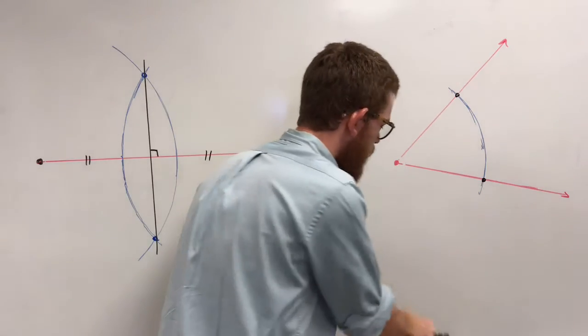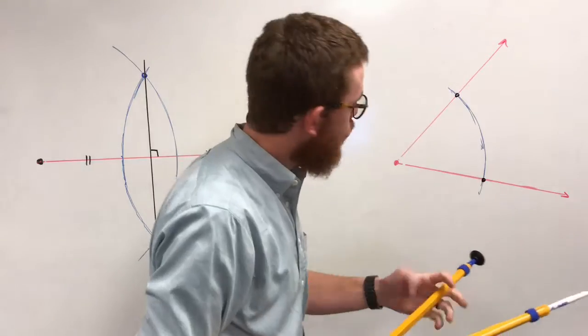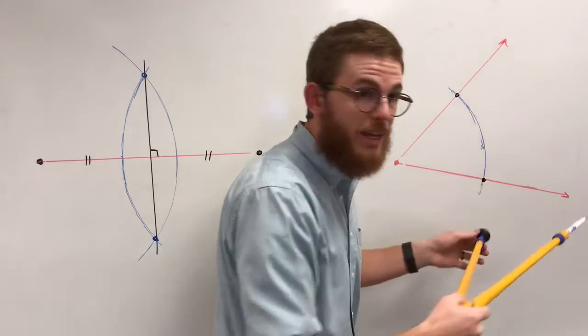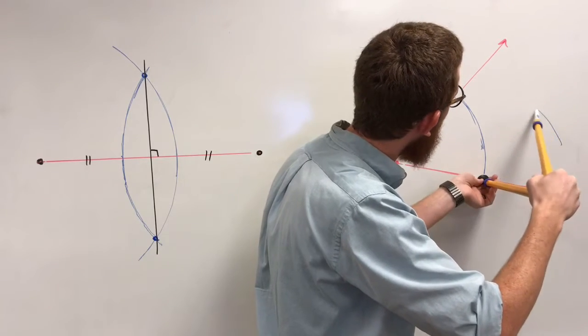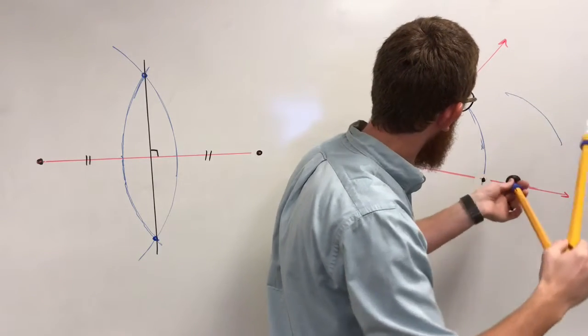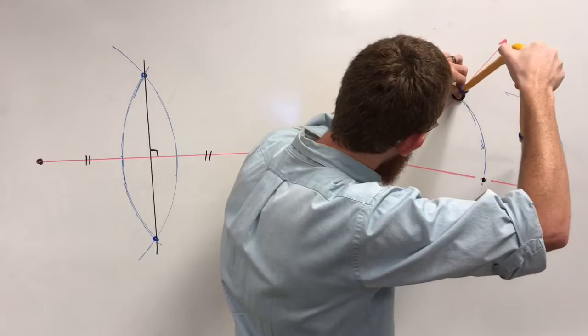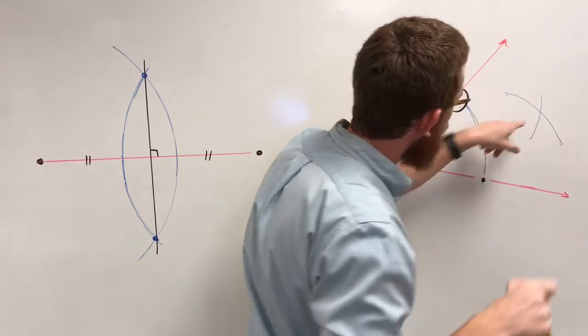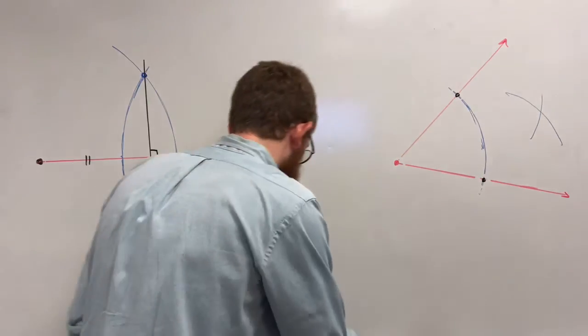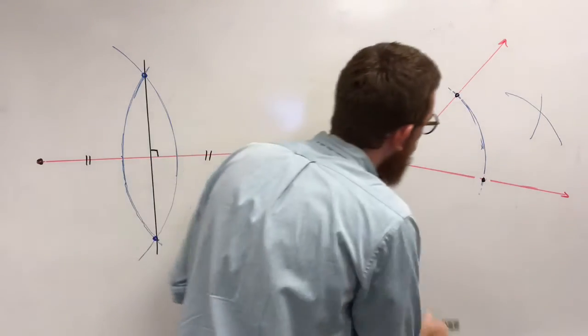Those two places where it intersects the angle are two more points where we need to place our compass. Placing our compass, we're going to draw an arc in the center. Where those two arcs intersect is now the last important point for us.